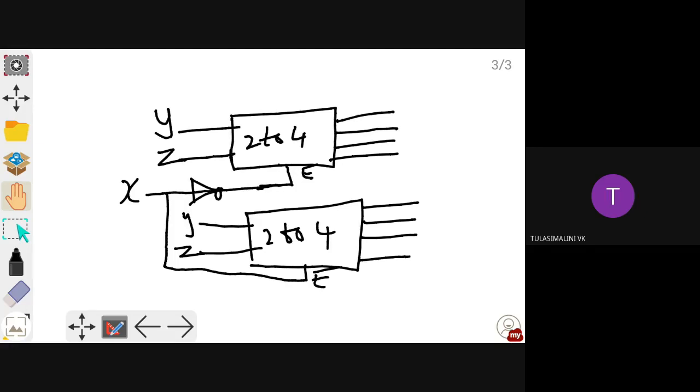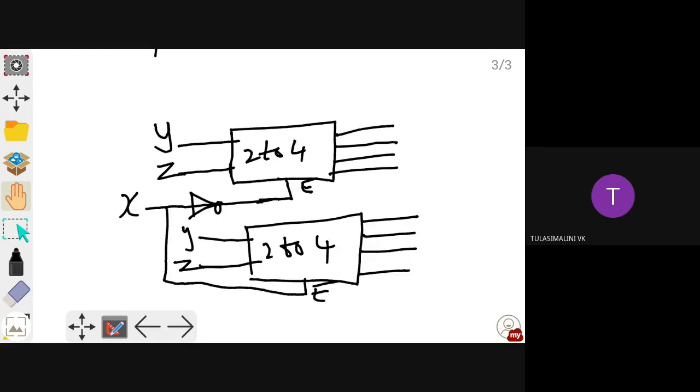So you will see how it will function here. If you give X as 0 here, suppose X is 0 and YZ is also 0, you will get this here. So if X is 0, it will invert and your E will get the output as 1 here, and E will get the output of 0 here.